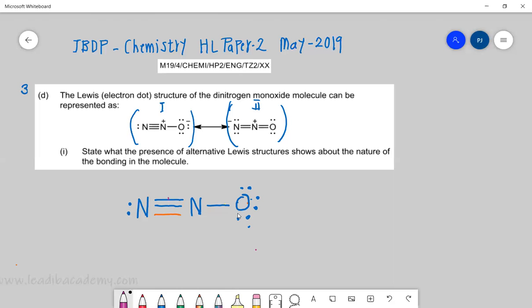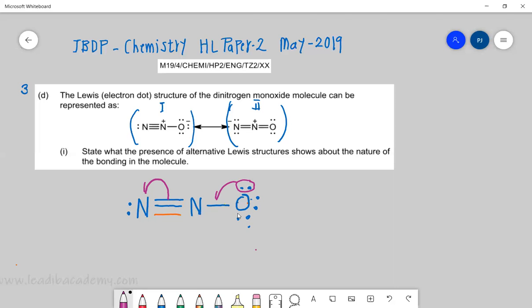what is going to happen is that one of the pi bonded electrons is going to shift to this nitrogen, okay? And one of the lone pairs on oxygen is going to get shifted here.